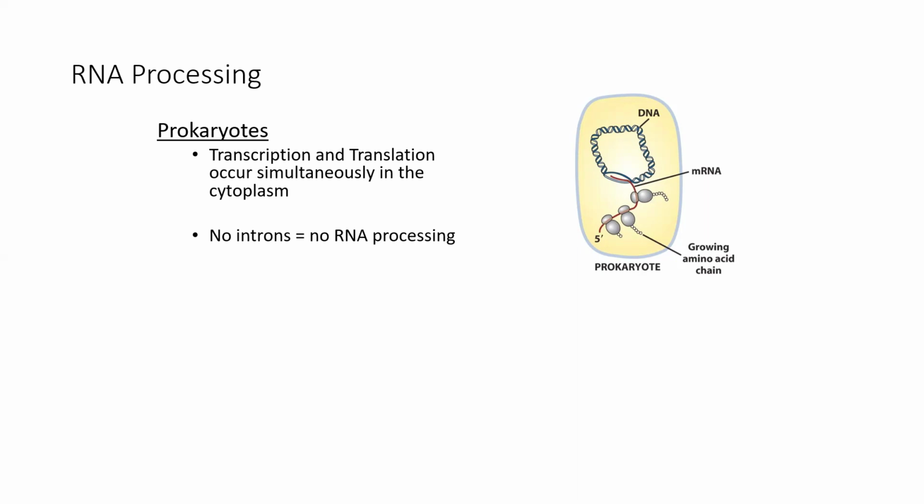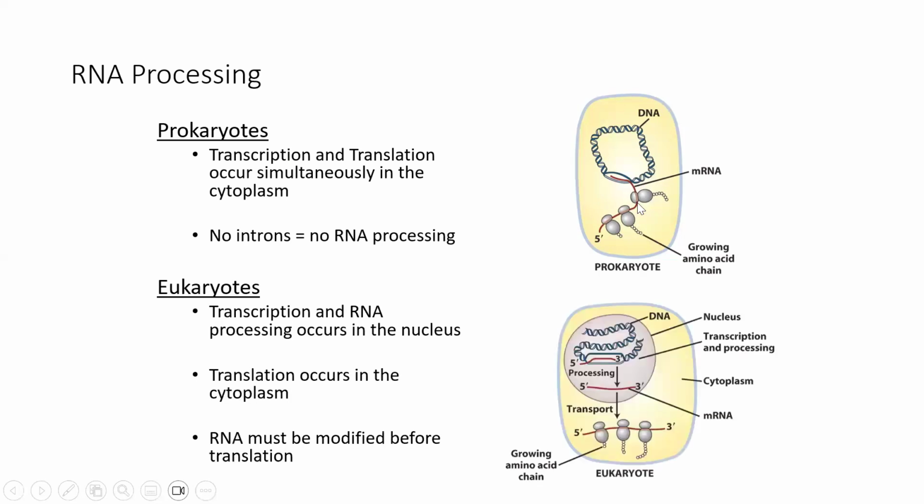The thing is, with prokaryotes, transcription and translation occur all simultaneously. But with eukaryotes, on the other hand, it's a bit different, because transcription and RNA processing occur in the nucleus.